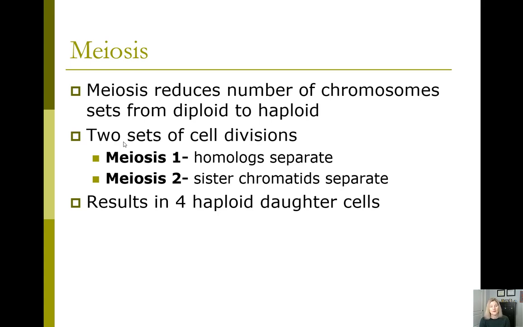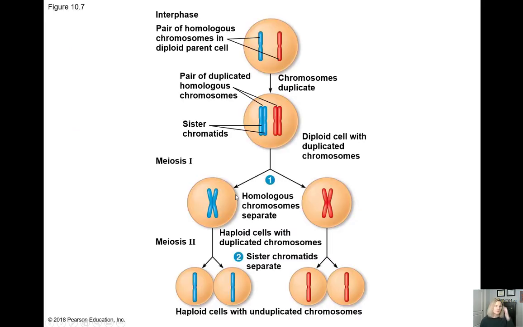You have your homologous chromosomes, 2 copies, one from mom, one from dad. So in meiosis part 1, we're only separating the homologs from each other. The sister chromatids stay together. We'll get into that. In meiosis part 2, we're going to physically separate the sister chromatids from each other. If you're confused, don't worry, we'll go through it.